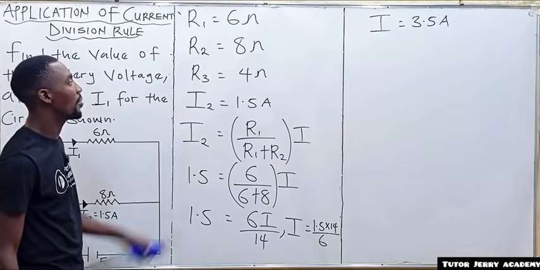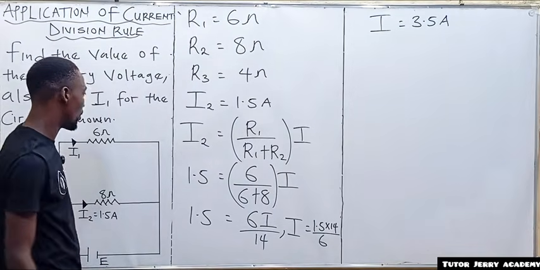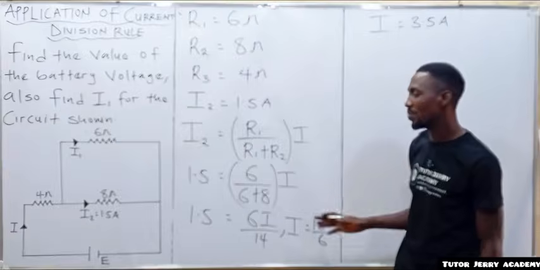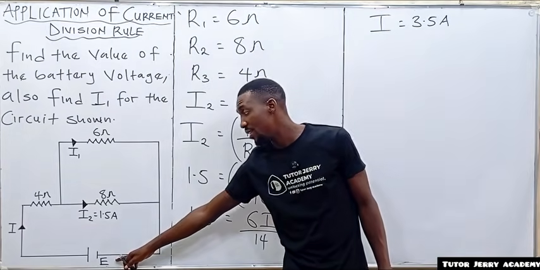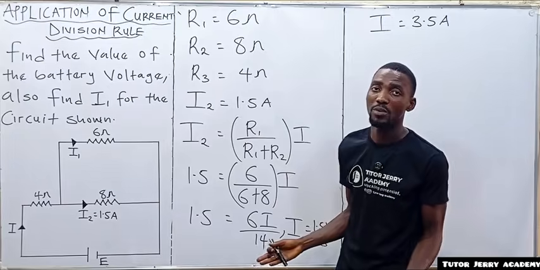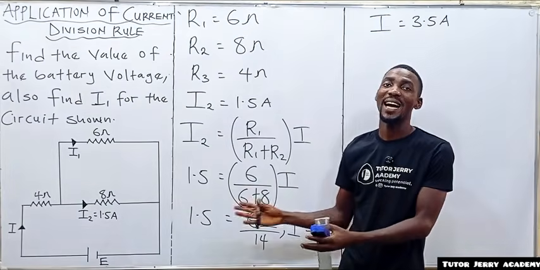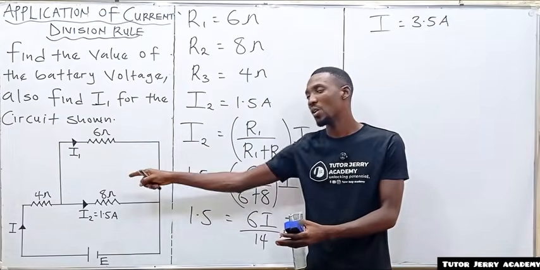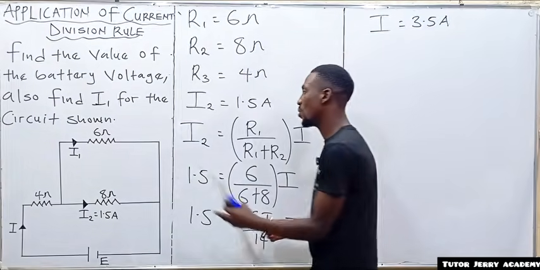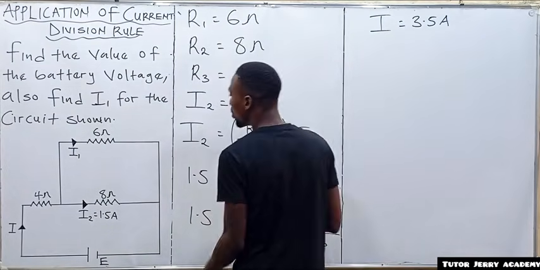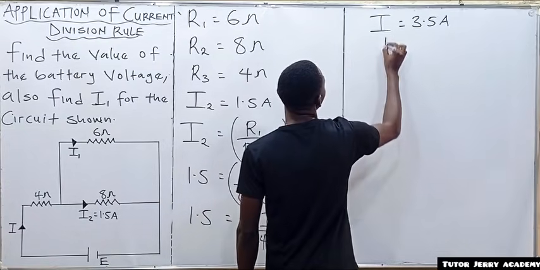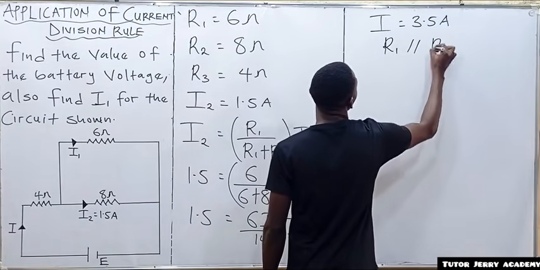That's the value of the total current entering into the circuit. Now that we have the total current, we can calculate our total resistance, because for now we cannot calculate the voltage across the battery. We know from Ohm's law that E is equal to IR, that is, the total current multiplied by the equivalent resistance. You are going to note that R1 is parallel to R2.